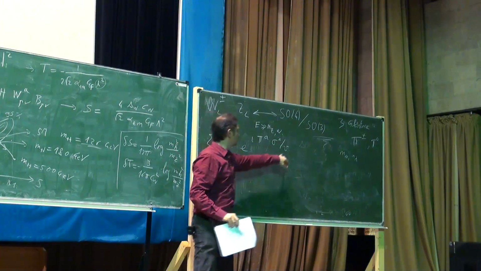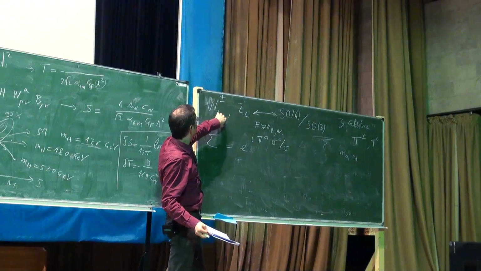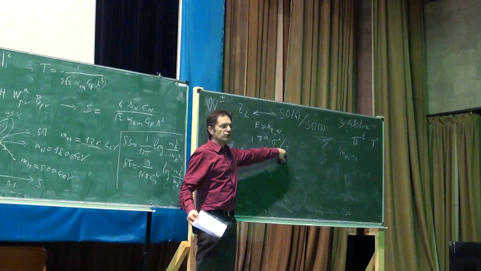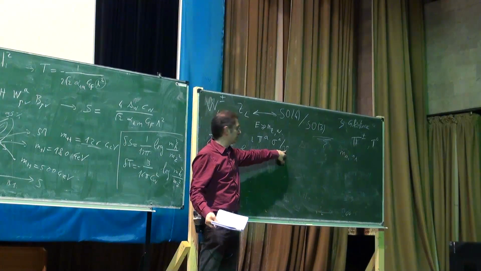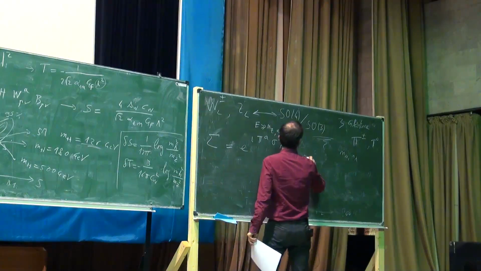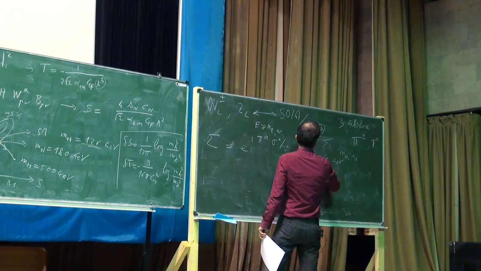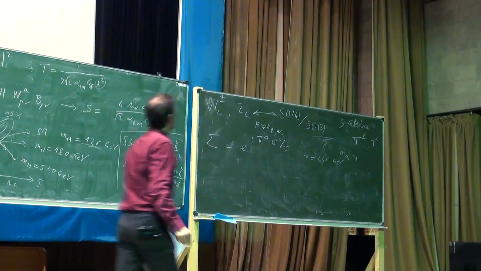In QCD, here you put f_pi, the decay constant of the pion, and for this object here, you will simply introduce a scale associated to electroweak symmetry breaking, which will be v, which we will identify later on as 246 GeV, related to the Fermi constant.